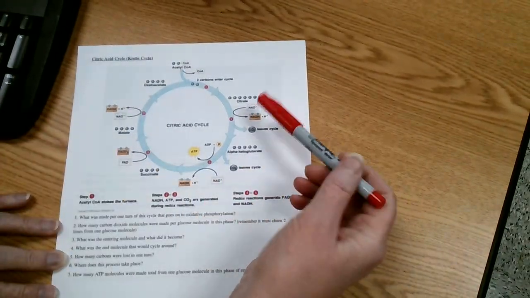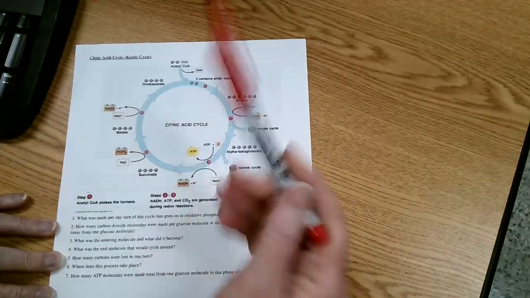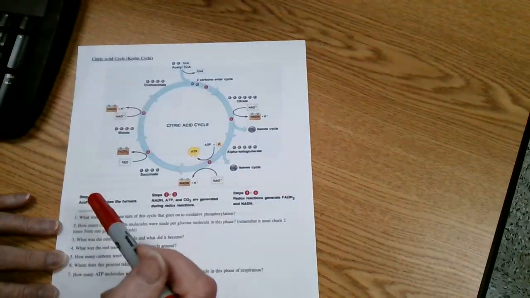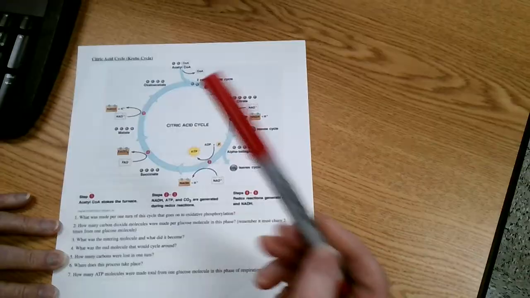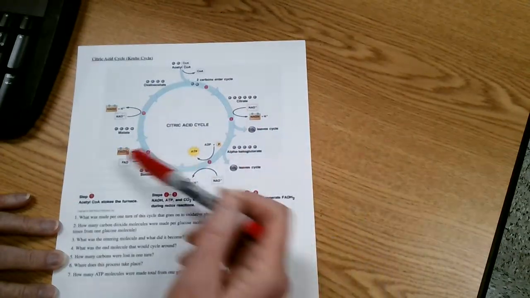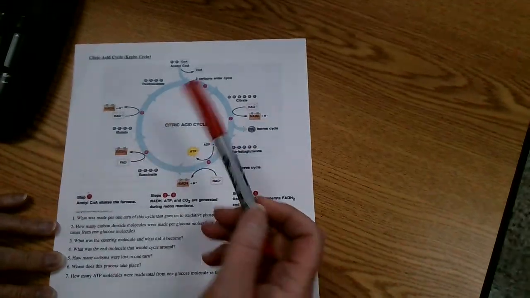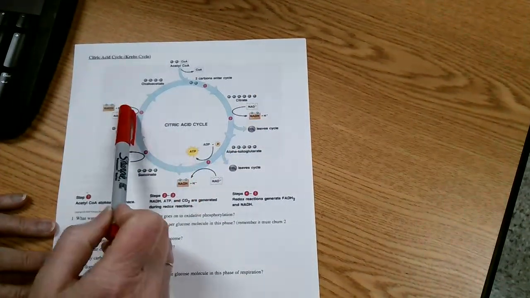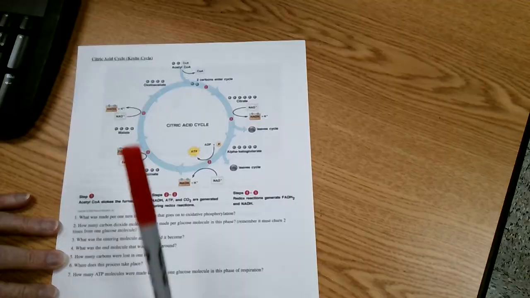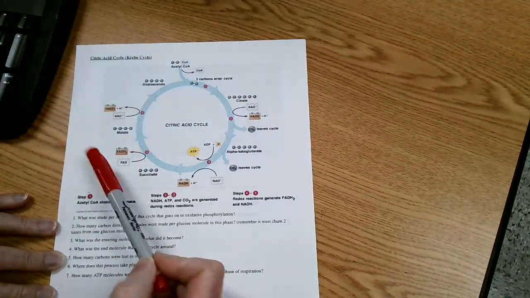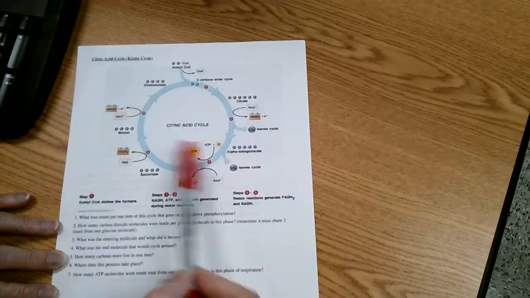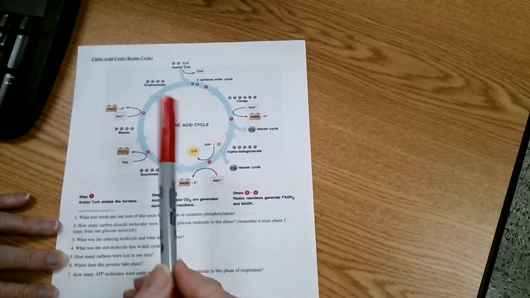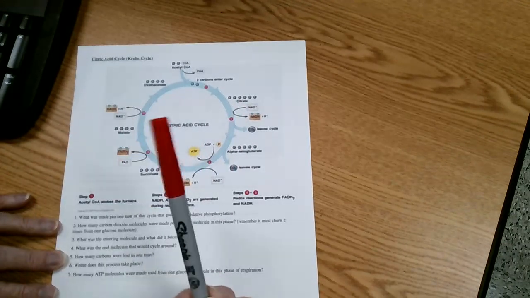So if we count up our NADs, 1, 2, 3, times 2, remember this is going around twice, and our carbon dioxides 1, 2, times 2, so that makes 4, and 1 FAD times 2. We can see that in the citric acid cycle, we got 1, 2, 3 times 2, 6 NADs, 1 times 2, 2 FADs, and 2 times 2, 4 carbon dioxides, and 1 times 2, 2 ATPs.